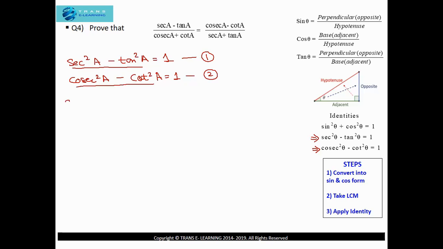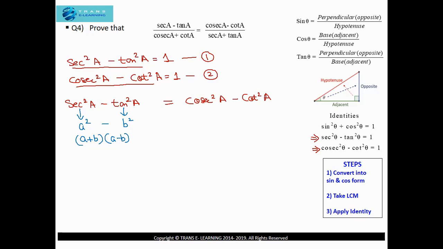So I'm going to write here secant square A minus tan square A is equal to cosecant square A minus cot square A. Now if we consider secant square A as a square and tan square A as b square, it becomes a square minus b square, and we can apply the formula of a square minus b square as a plus b into a minus b.